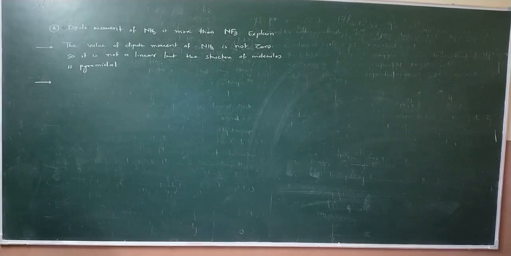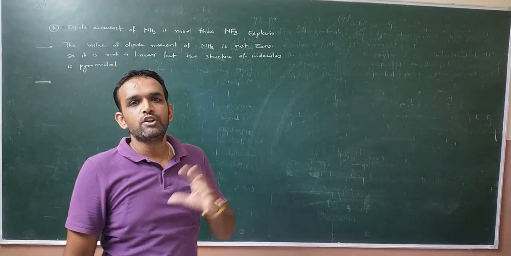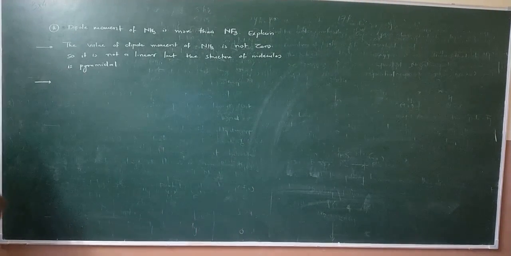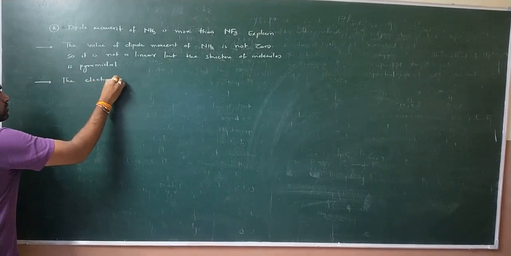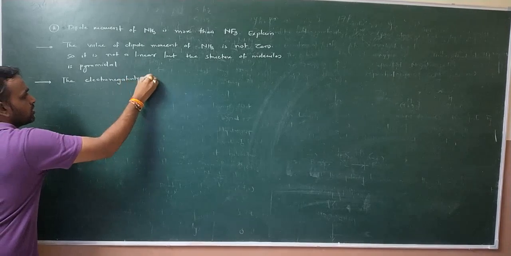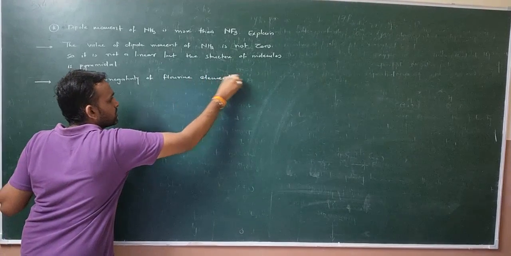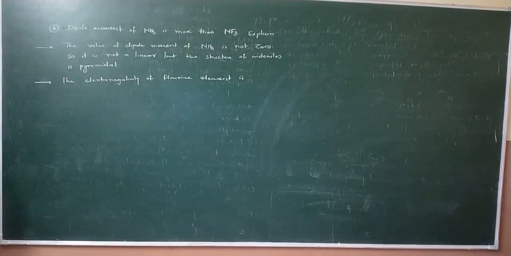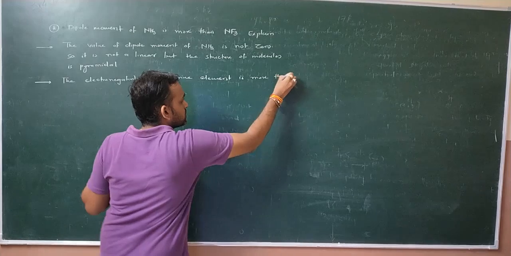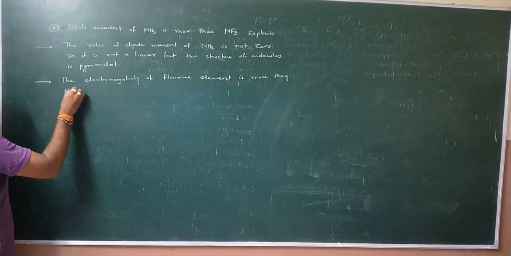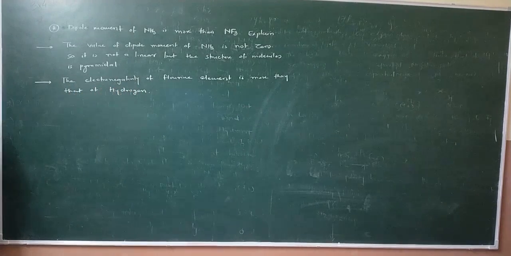Now here the electronegativity of the fluorine element is more than that of the hydrogen element present in NH3. Write down: the electronegativity of fluorine is more than that of hydrogen, right?